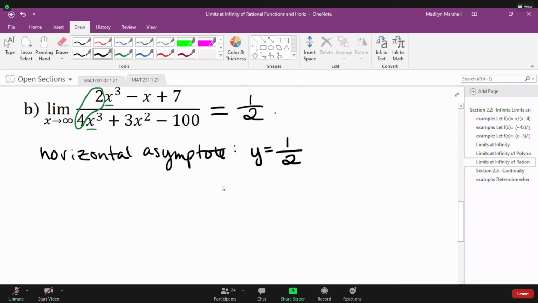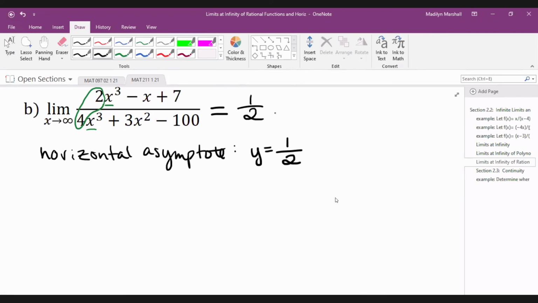So that horizontal asymptote is telling the function what it's going to do as the two sides go out to infinities. So if the function grows a bunch, it will level out around the asymptote at 1/2. Is it safe to assume that your horizontal asymptote is always the limit of the function? Yes. If there is a horizontal asymptote, it is the limit as x approaches infinity.